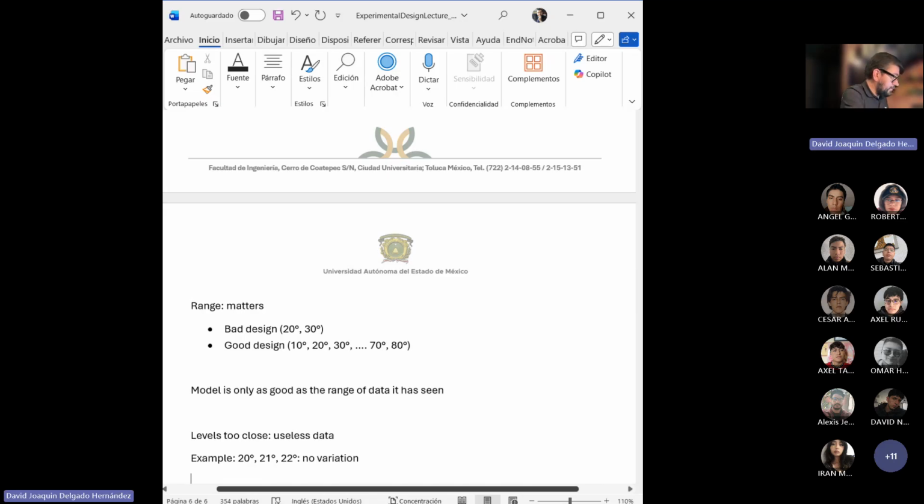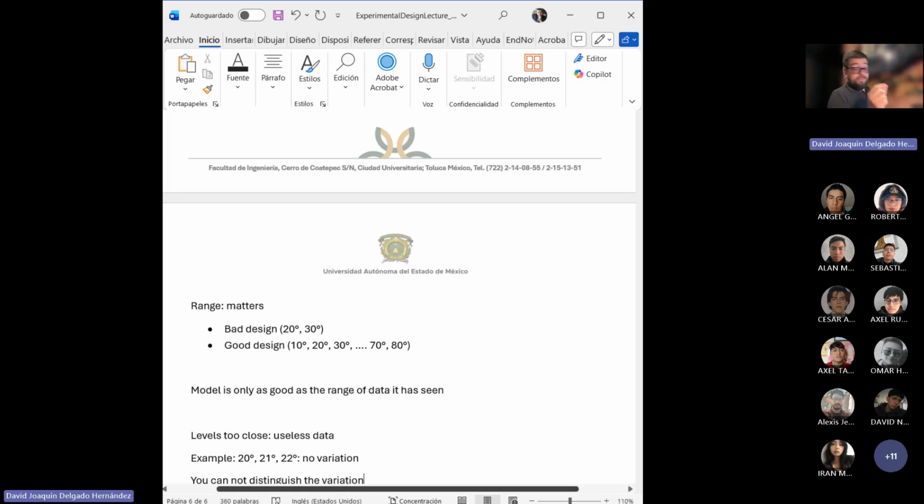So here you cannot distinguish the variation.